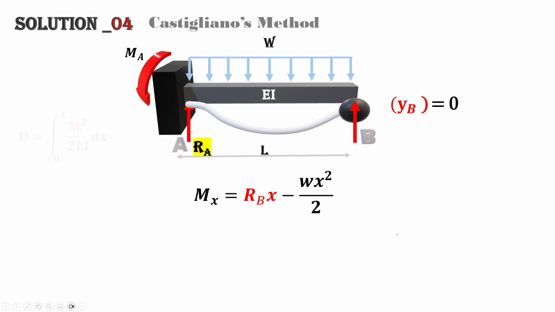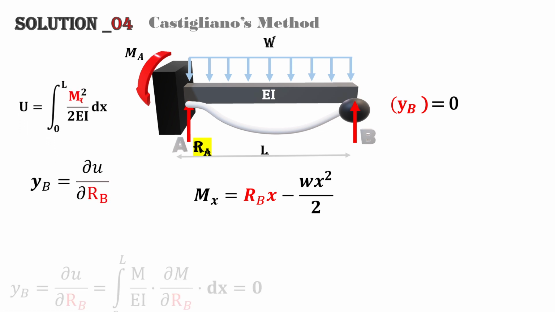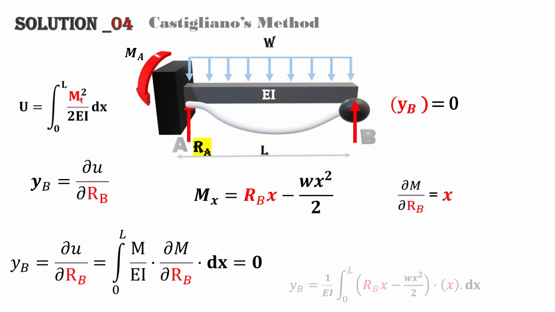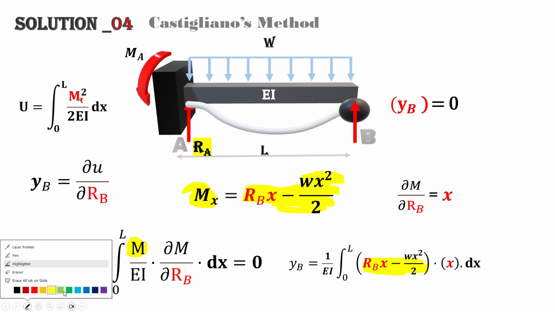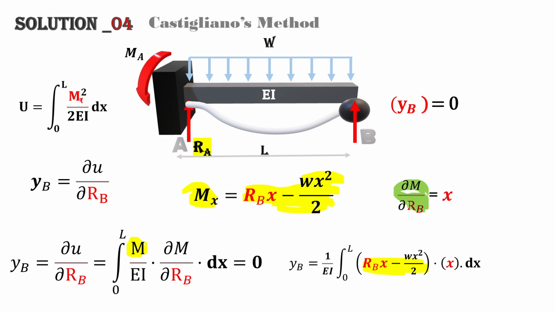If you replace Mx in our main formula with RBx minus Wx squared over 2, it comes here. The other component, partial M over partial RB, which is X, comes here too.